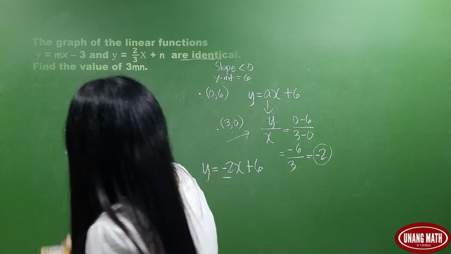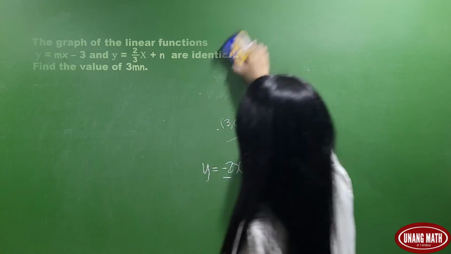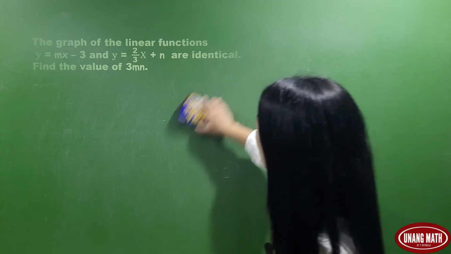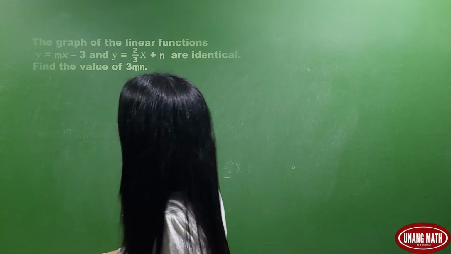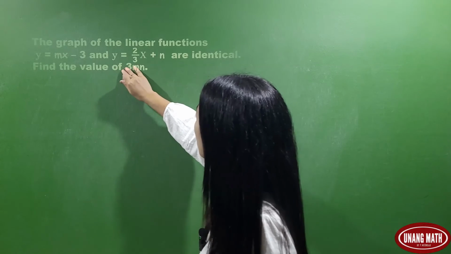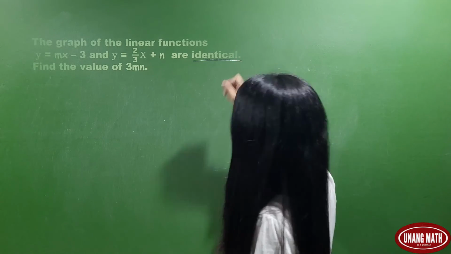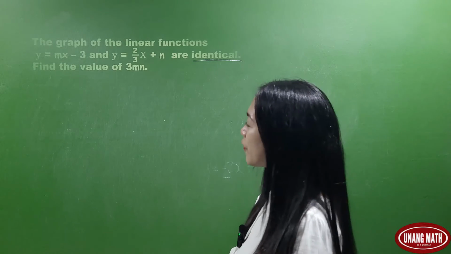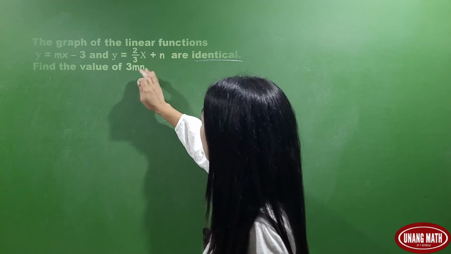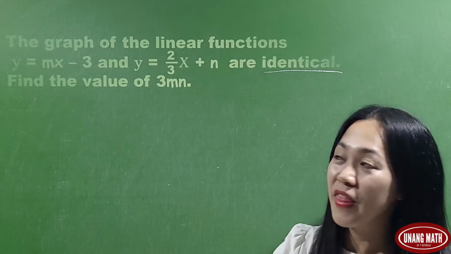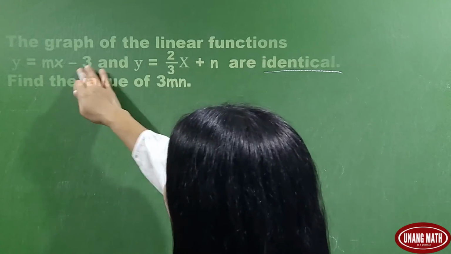Okay, for the last problem, the graphs of the linear functions y is equal to mx minus 3 and y is equal to 2/3 x plus n are identical. We will find the value of 3mn. If it's identical, then these two linear functions are equal.